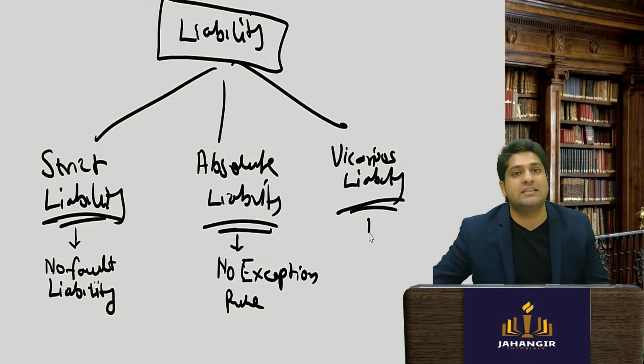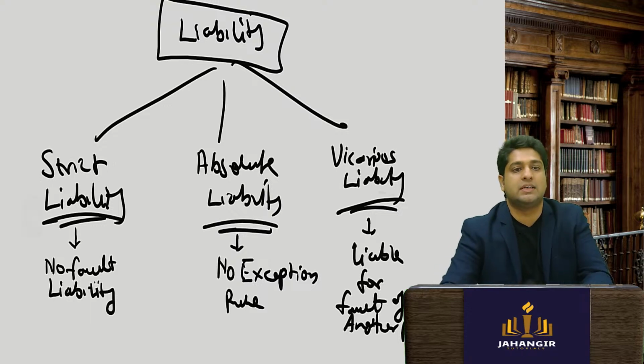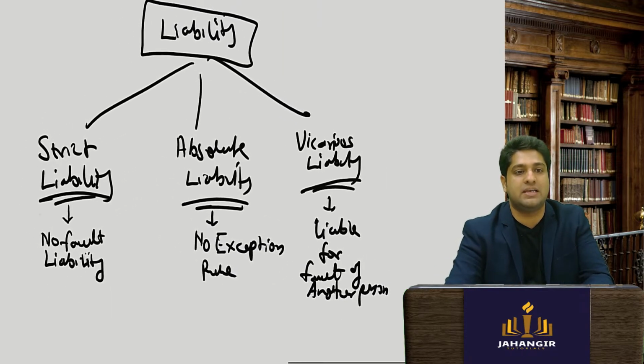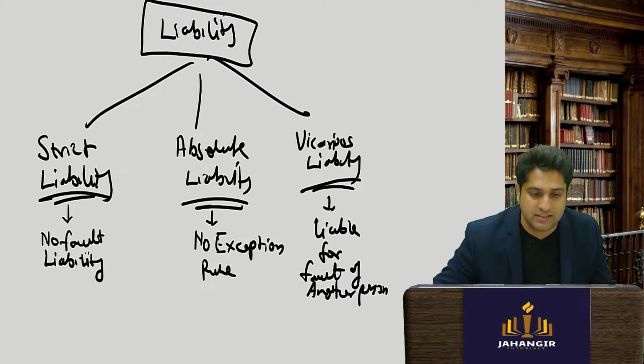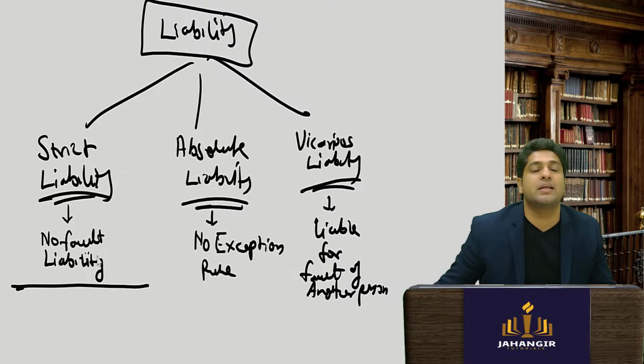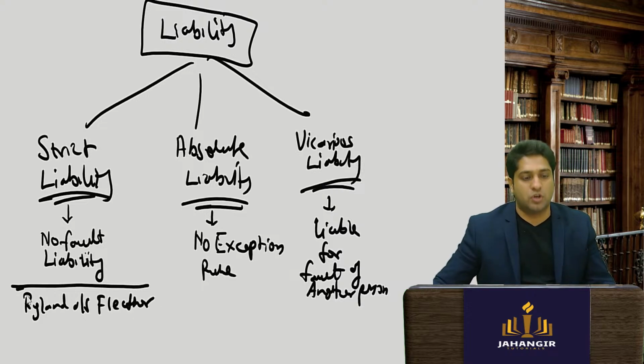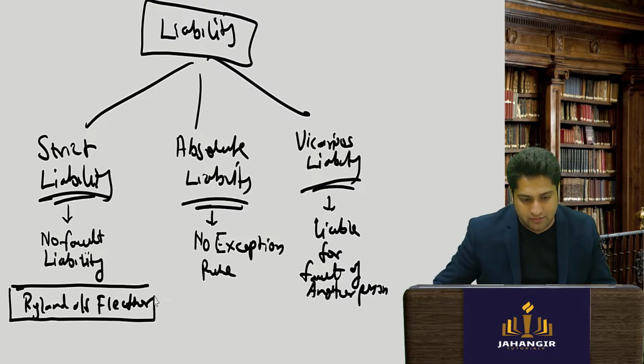And vicarious liability is being liable for fault of another person. Sir, can you explain? Obviously, I will explain. Now pay attention. There is a case law, okay? In this case, it is of Rylands versus Fletcher. Okay, the case of Rylands versus Fletcher.